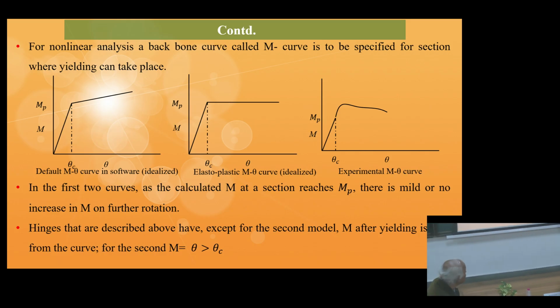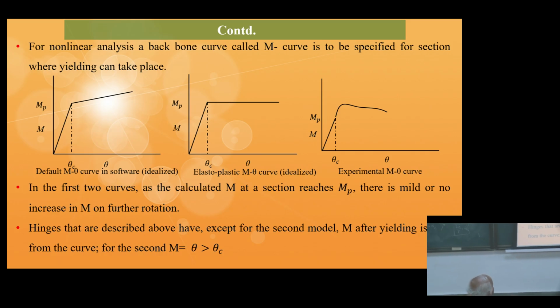And this hysteresis loop would not appear if we say that it is just linear like this. Then the up and down it will be going like that. That is the linear analysis, linear dynamic analysis, linear pushover analysis.